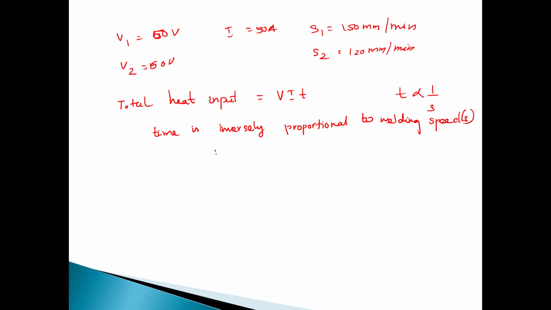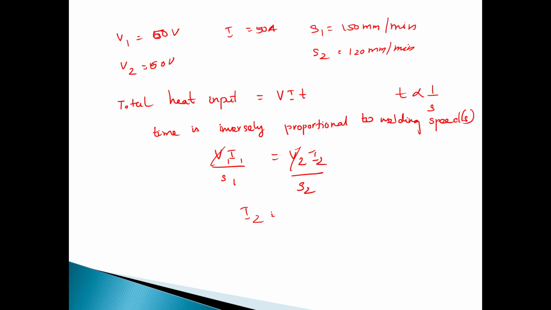So this can be written as V1 I1 divided by S1 is equal to V2 I2 divided by S2. V is the same for both cases, so we will cancel it. Now we want to know the welding current of the second process.